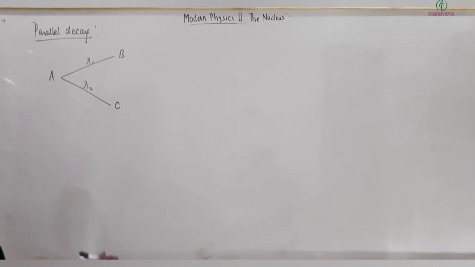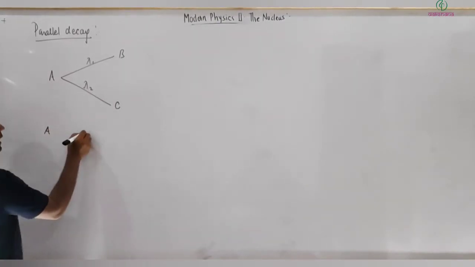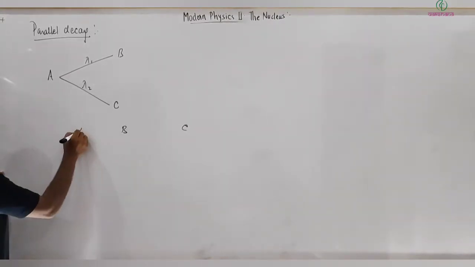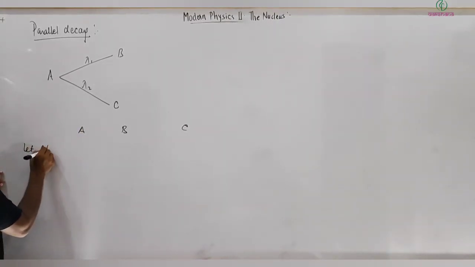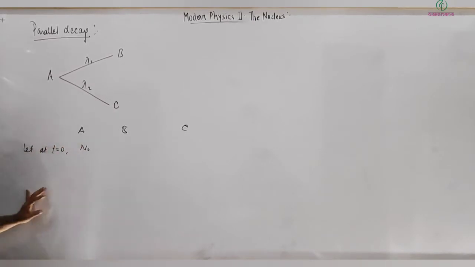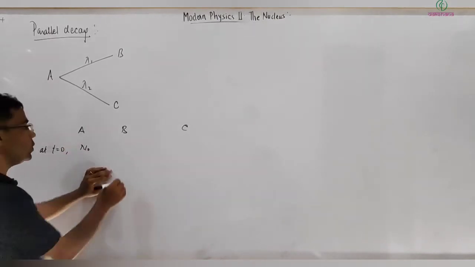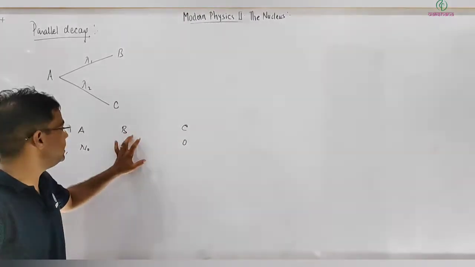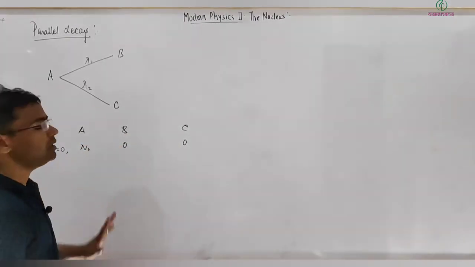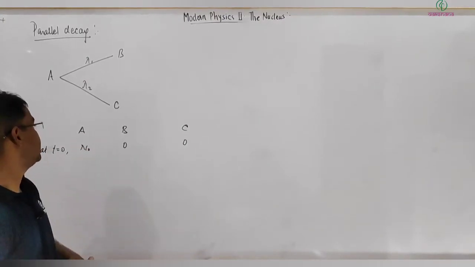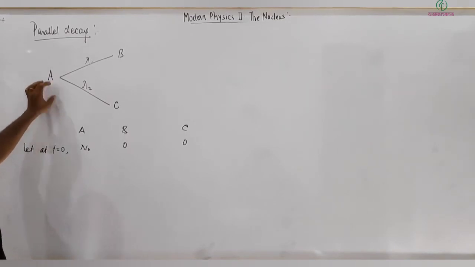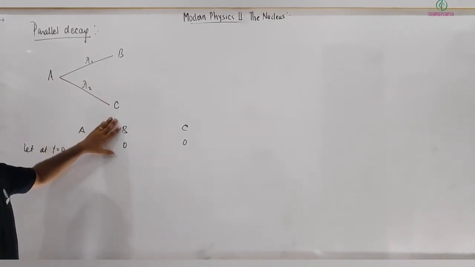I have A, B and C. At T equal to 0, I have only radioactive nuclei of A, there is no B, no C. So the number of nuclei of B and C are 0, 0. Only A was present at this zero time. Remember that A is decaying to B also, A is decaying to C also.